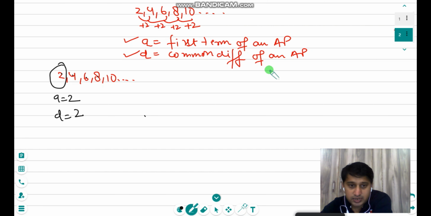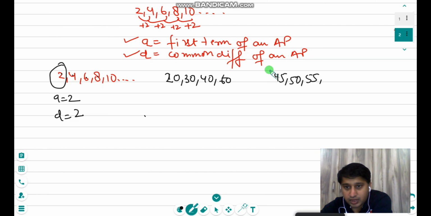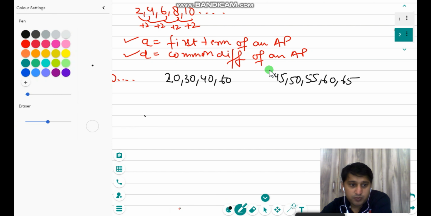Now let's say again there is an AP example. We can take 20, 30, 40, 50, 60. Then again we take another example, 45, 50, 55, 60, 65. Now what is the first term of both APs?